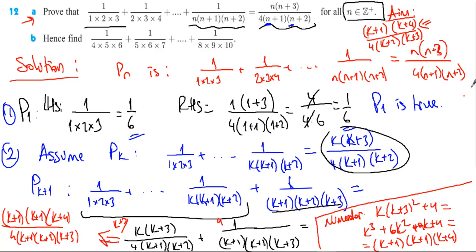And from here, one of the k plus 1 will cancel, and we will have this expression, our aim. So since the first step is true and also the k plus 1 step is true whenever the k step is true, we say that this statement is true for all positive integers.